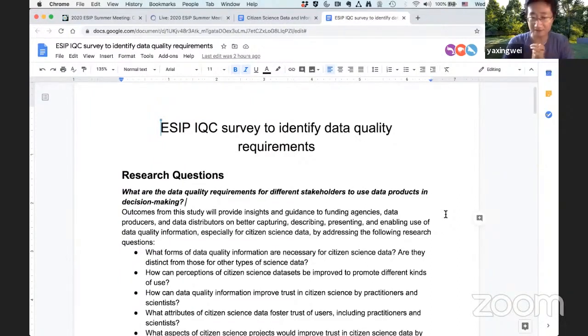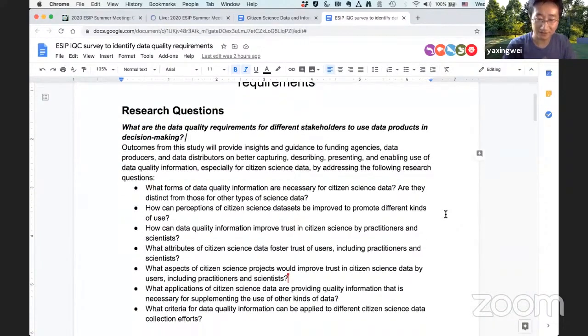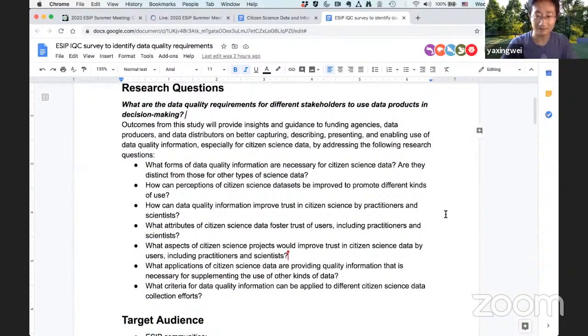And we expect outcomes and findings from this survey study will provide insights and also guidance to a number of stakeholders like funding agencies, data producers, distributors to better capture, describe, present, and enable use of data quality information, especially those for citizen science data, by addressing a number of additional research questions, which are listed here.